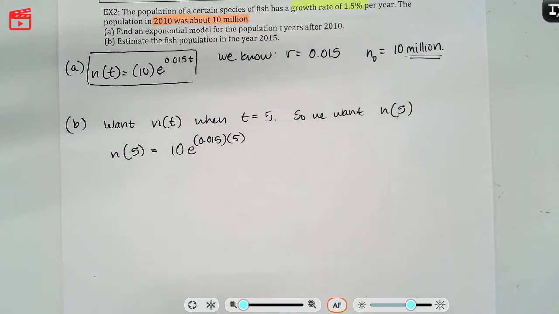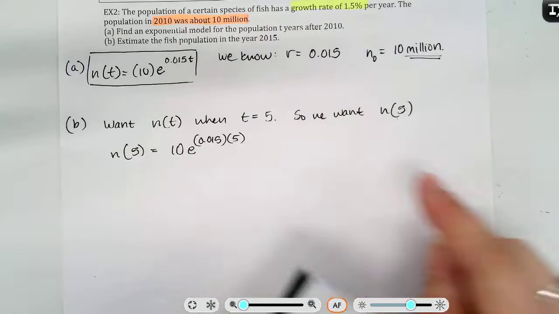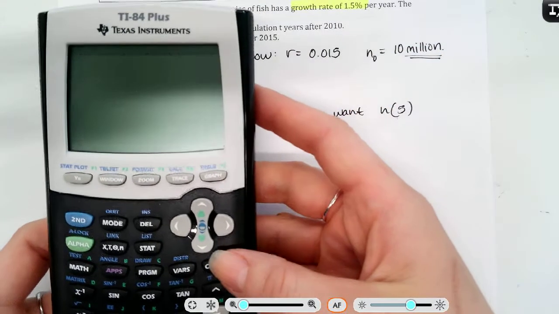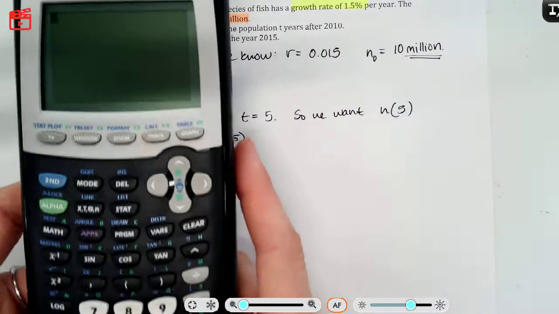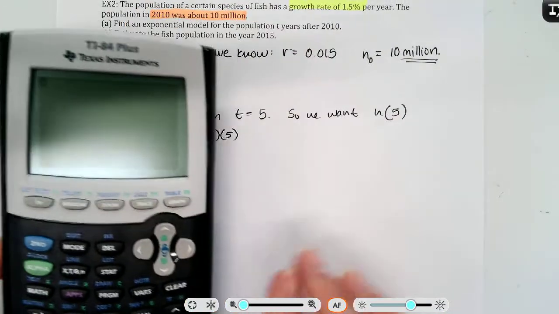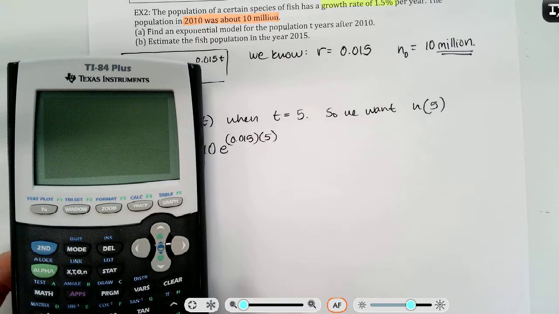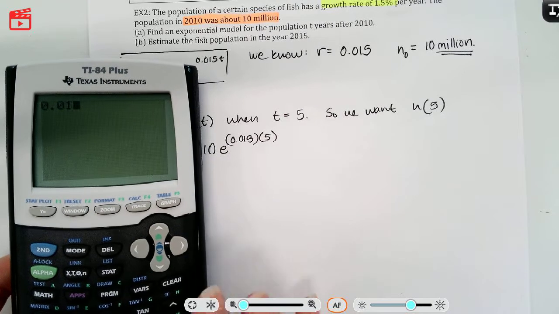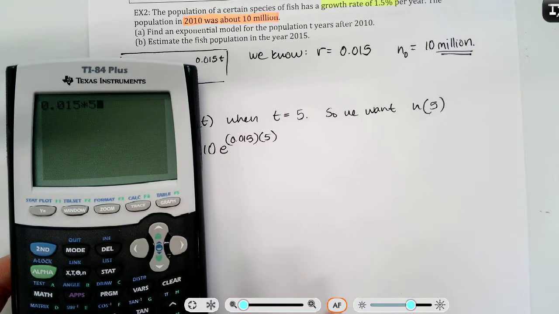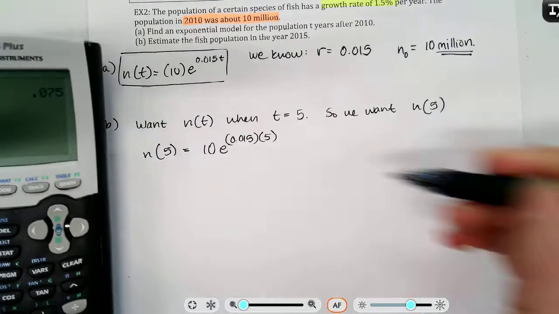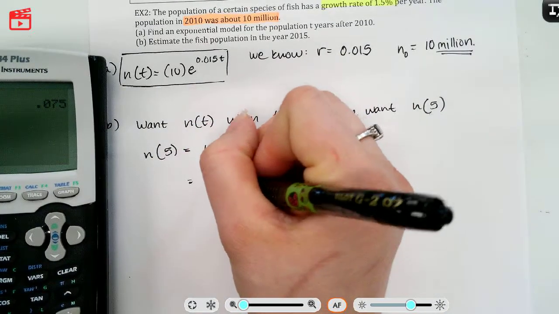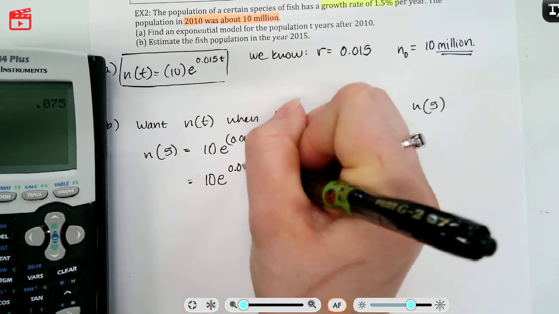So plugging in, I'm going to figure out what that value is in my calculator. 0.015 times 5 is 0.075, so 10 e to the 0.075.